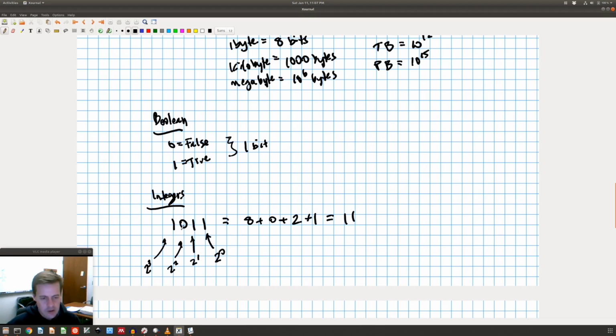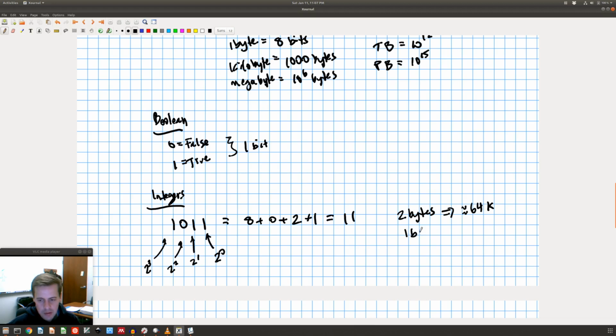Now this would be a number stored with 4 bits. Depending on how many bits you get depends on how large of an integer you can make. Normally integers are given, say, maybe 2 bytes, and 2 bytes would give you around 64,000 numbers that you could come up with.